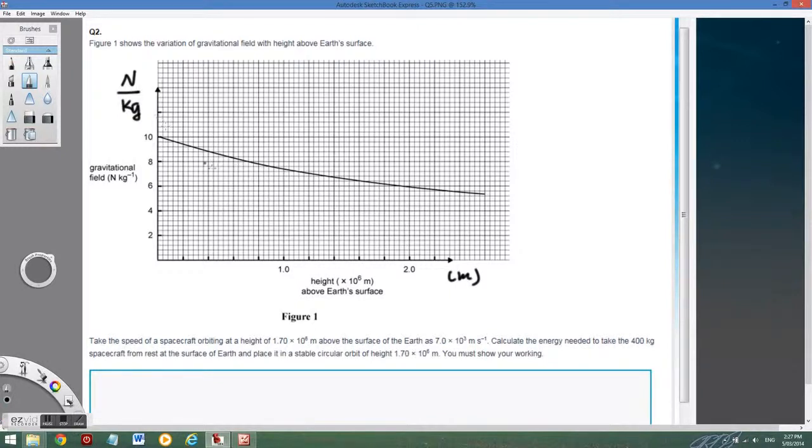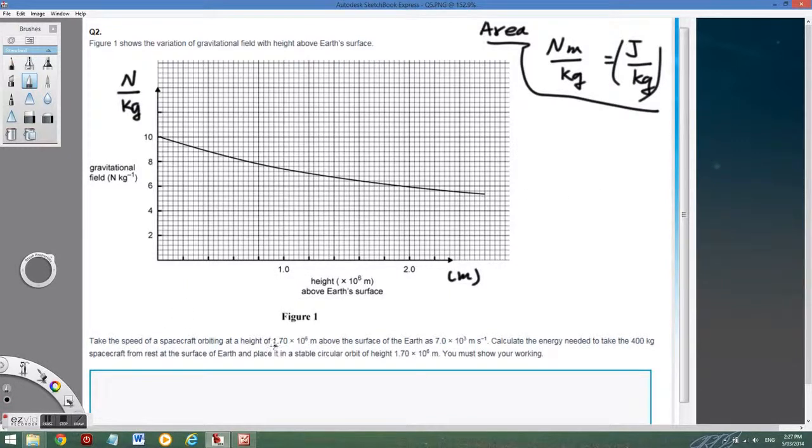So the area under the graph should have a unit of newton meters per kilogram, just multiplying them together. Newton meter is joules, so the unit for the area under the graph will be joules per kilogram. So it's basically your work done, the energy per kilogram.